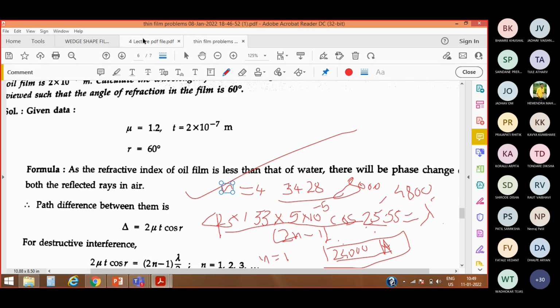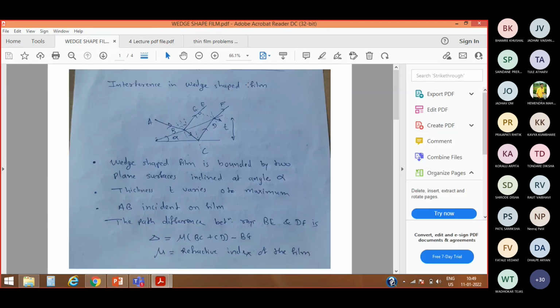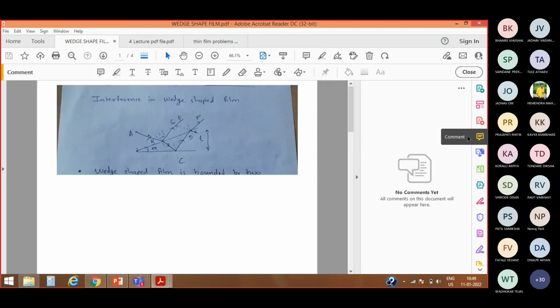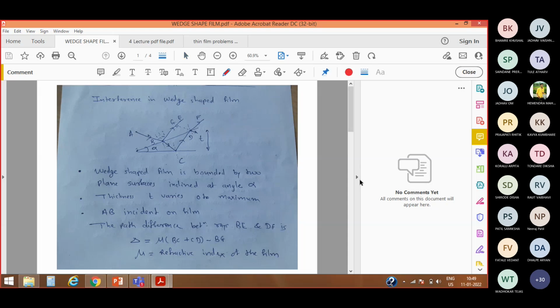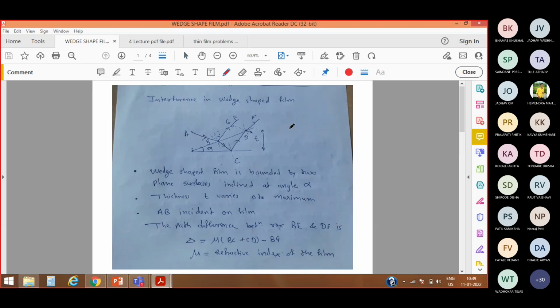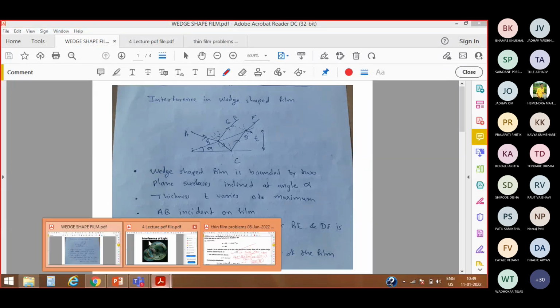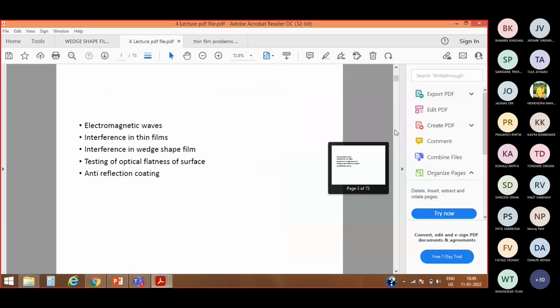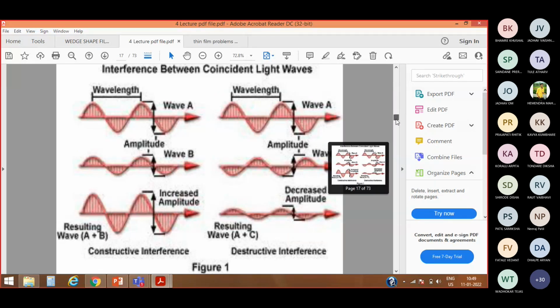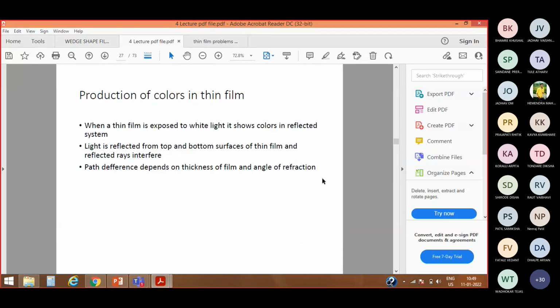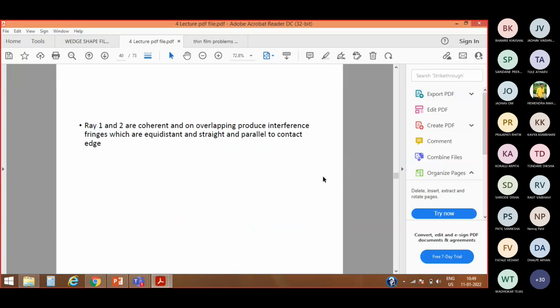So yesterday we were discussing the wedge shape thin films. So what is wedge shape? In the wedge shape thin films I had taken the 2 glass plates. Now we will see again how this wedge shape thin film is derived.